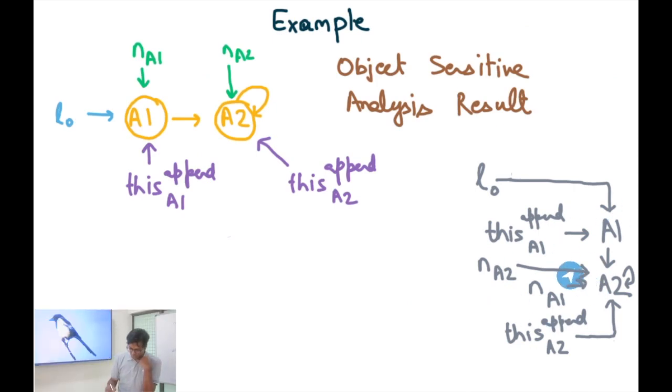We saw this in the previous slide, but written more neatly, it looks something like this. L0, where L0 represents the L variable in the main function, can point to A1, an object allocated at A1. And an object allocated at A1 can point to an object allocated at A2, and an object allocated at A2 may point to another object allocated at A2.